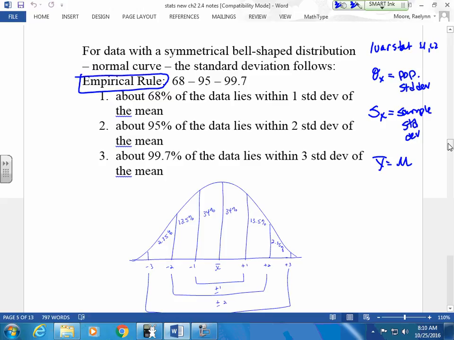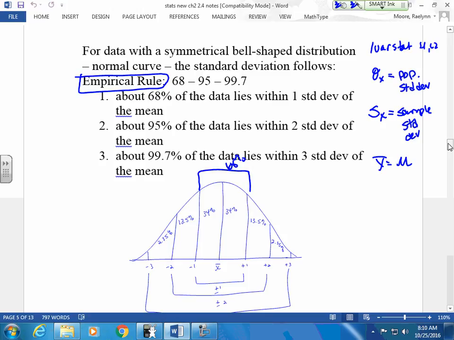Okay, so we're getting away from yours, where you separated it by halves, and we're just moving to this. And these approximate this. It says between 1 and -1, you use about 68% of your data. It's actually 68.2 if you add up your percentages. But we're just rounding. So the empirical rule says about 68%.